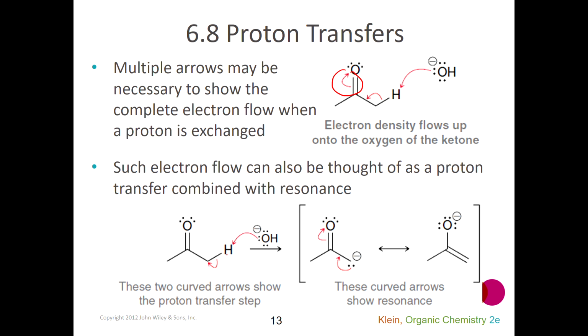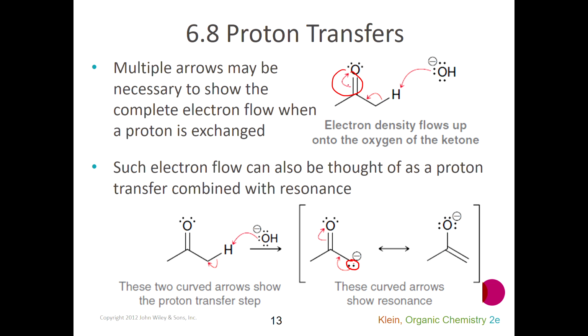It picks up the proton. These electrons stay behind. But this is not the major resonance contributor for that structure, because carbon with a negative is not as stable as oxygen with a negative. So this arrow and that arrow show how the electrons would shift to get to the major contributor, which affects more what the hybrid looks like.